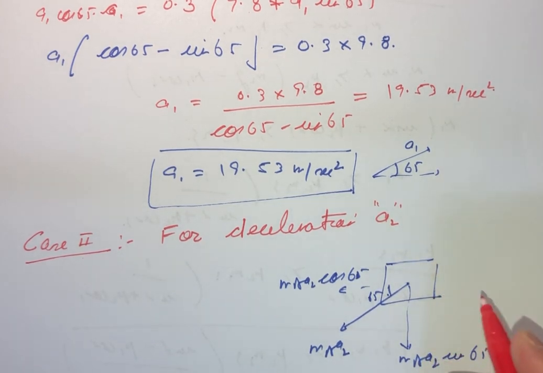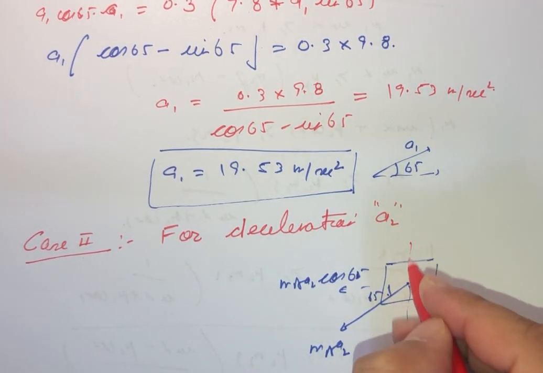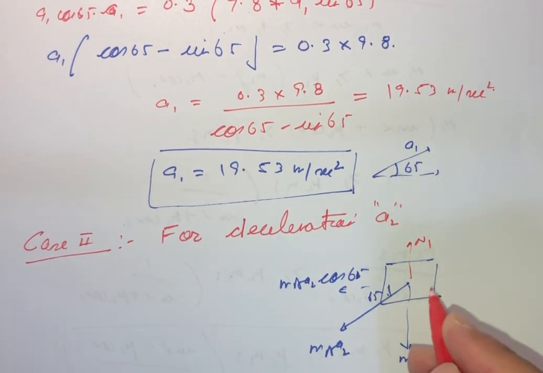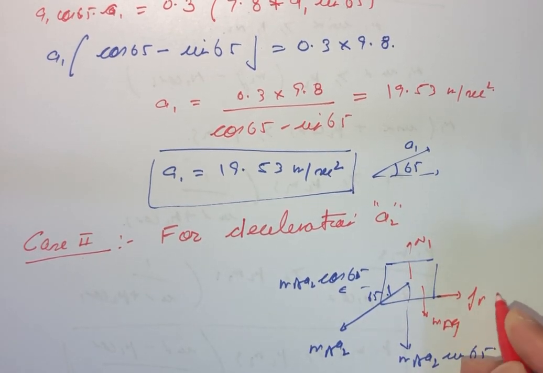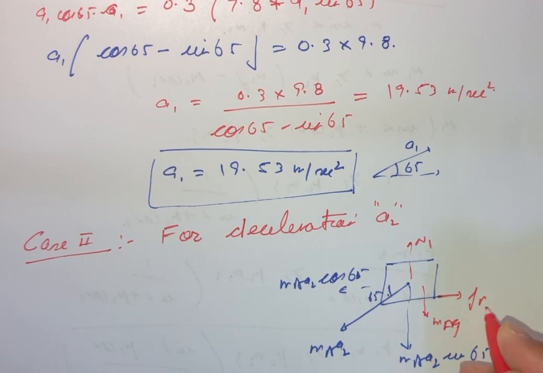Along with this there will be normal N1, and in the downward direction M_A g, and we have here FR2.